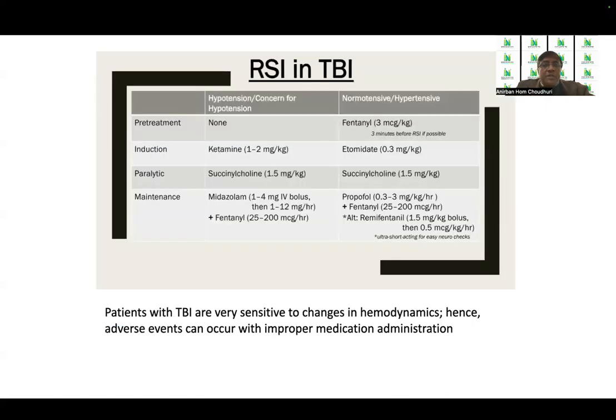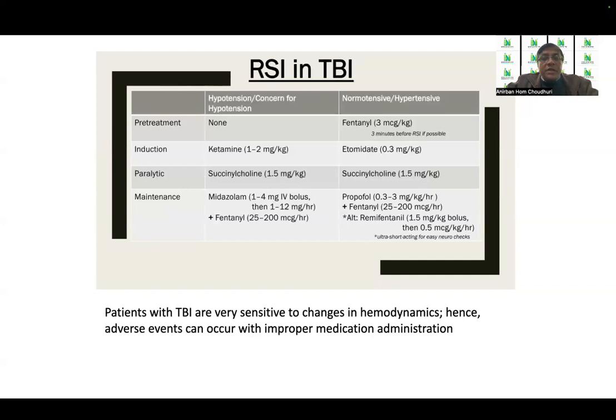So for rapid sequence induction in traumatic brain injury, if the patient is on full stomach or for any other reasons where the rise of intracranial pressure is not expected, in those situations, the choice of agent will again depend upon the concern about hypotension.